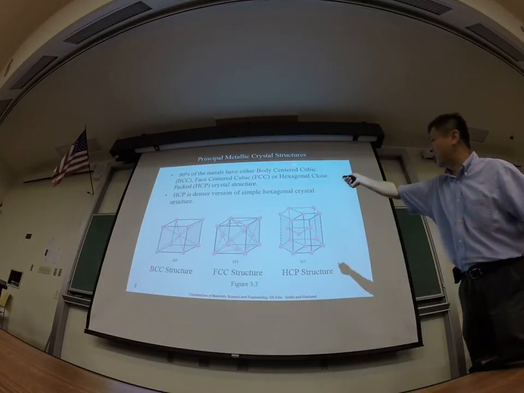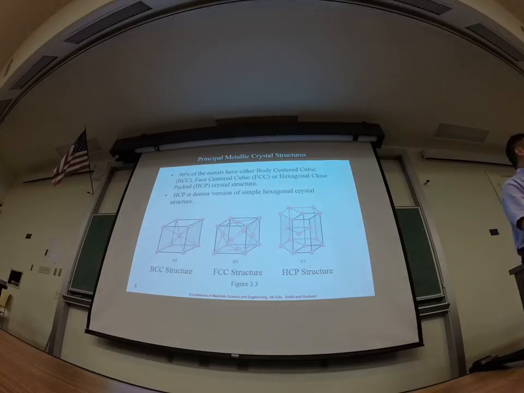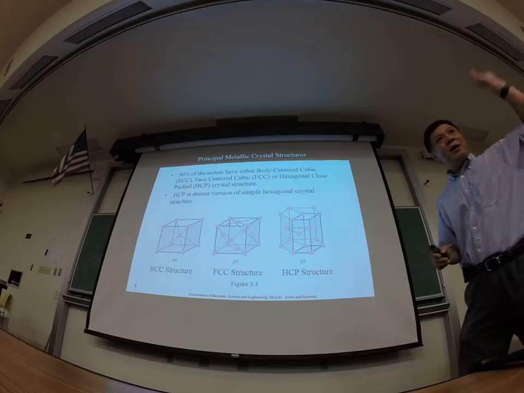We call that the hexagonal close-packed crystal structure. These three types account for about 90% of all the metal crystal structures available: BCC, FCC, and HCP.